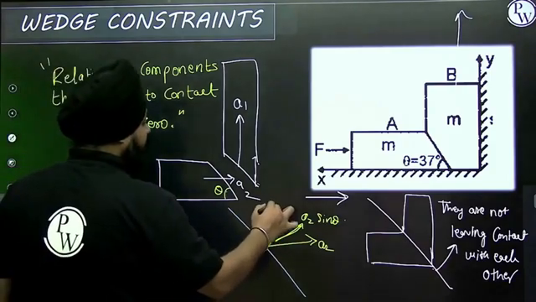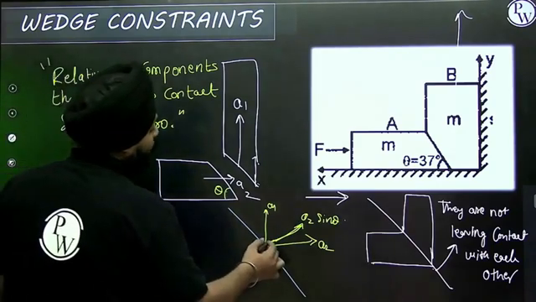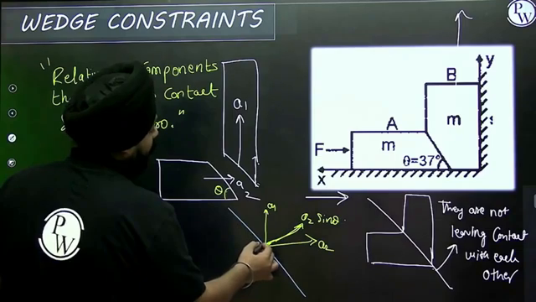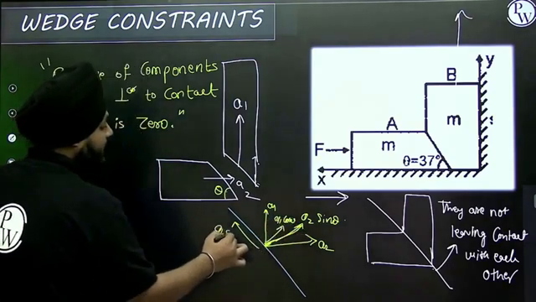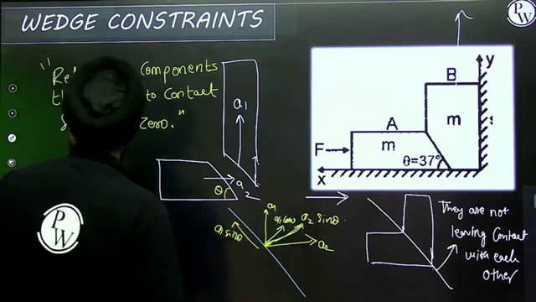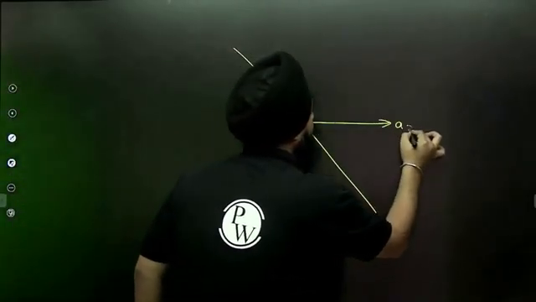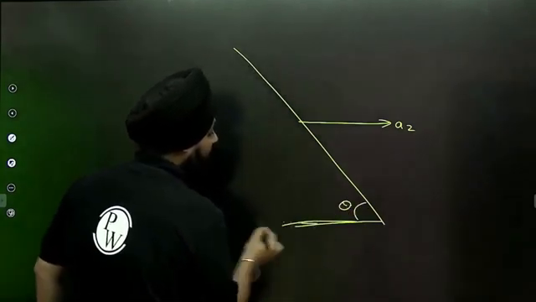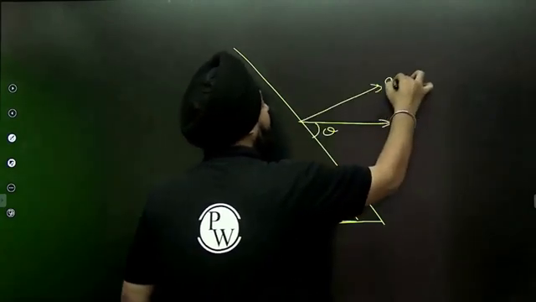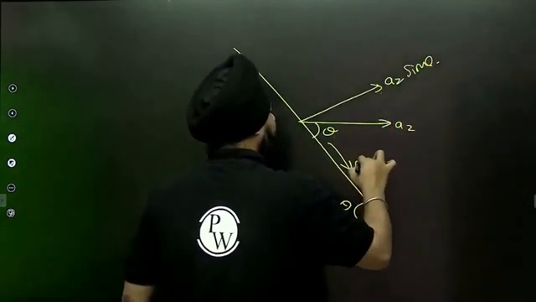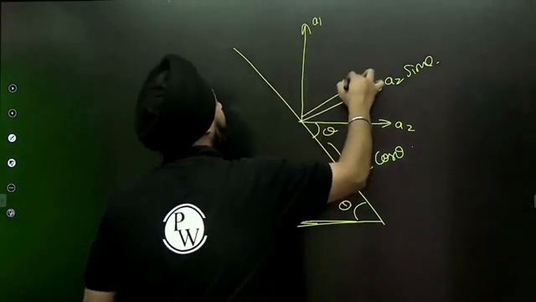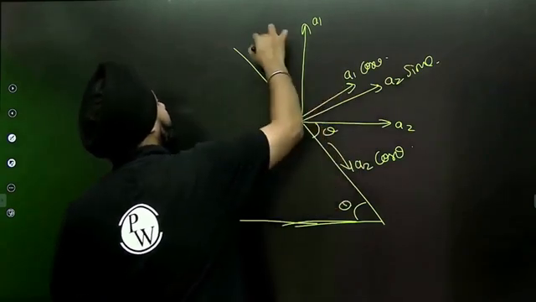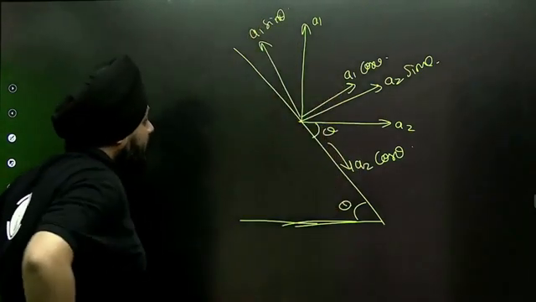Similarly, the upward one is A1, so this will be A1 cos theta and this will be A1 sin theta.